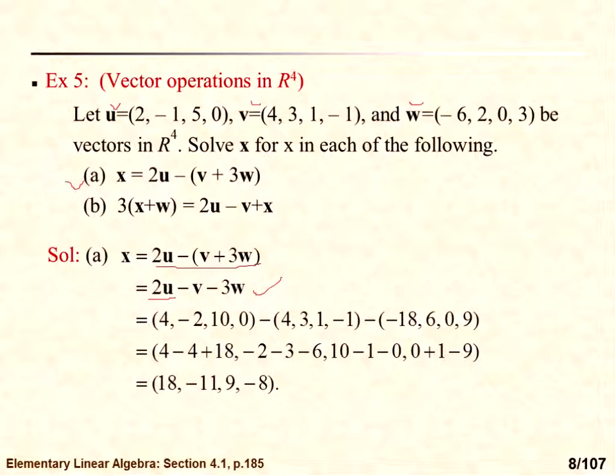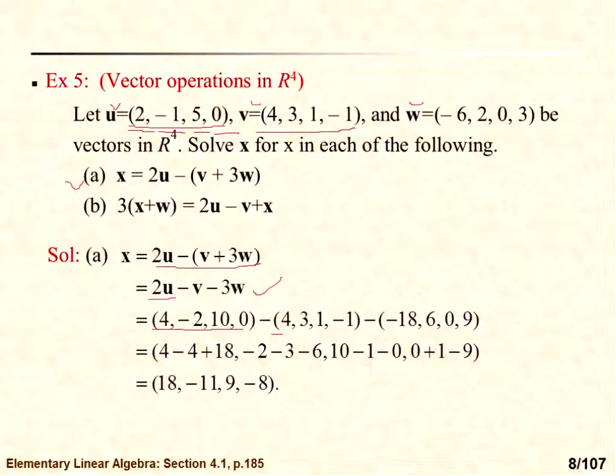First I will multiply 2 into u. We know our u is (2, -1, 5, 0). So 2 multiplied by 2 is 4, 2 multiplied by minus 1 is minus 2, 2 multiplied by 5 is 10, and 0. So we get this 2u.